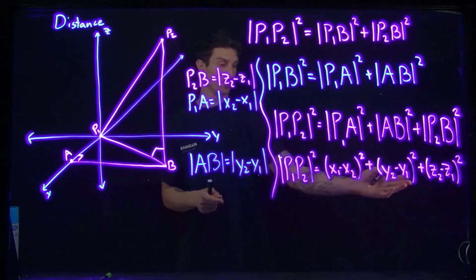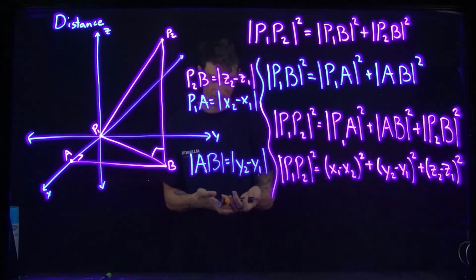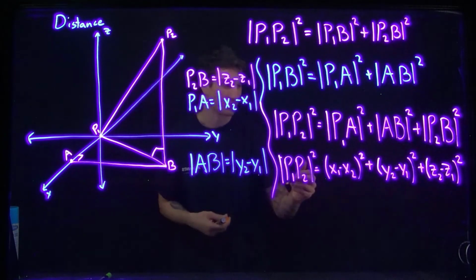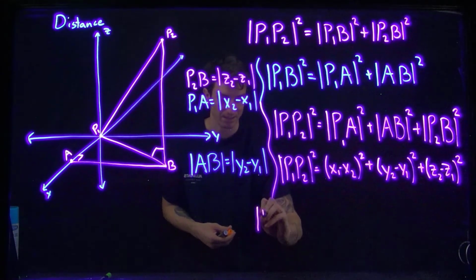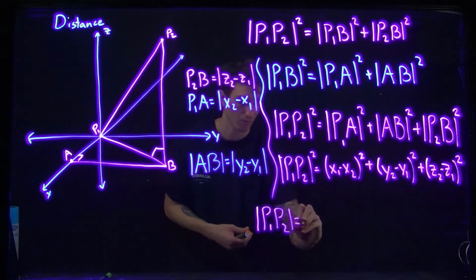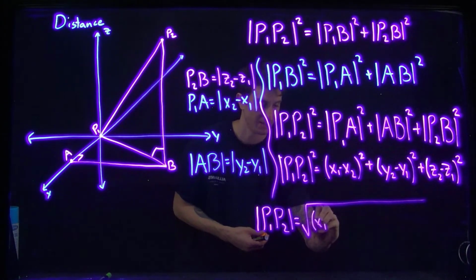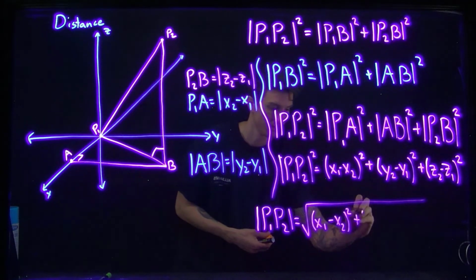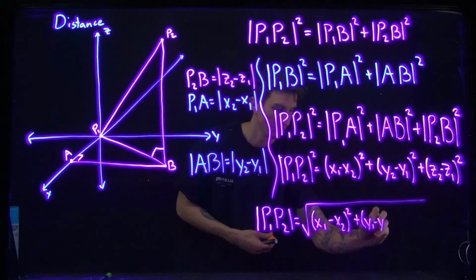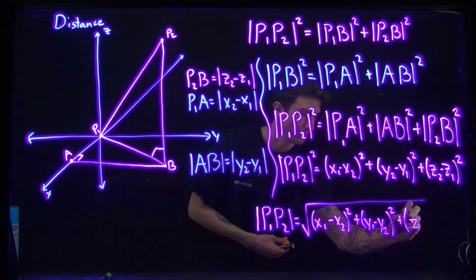And what do we want to do to solve? We don't want the distance squared, we just want to take the square root. So the distance P1 to P2 is just going to be the square root of (x1 minus x2) squared plus (y1 minus y2) squared plus, finally, (z1 minus z2) squared.